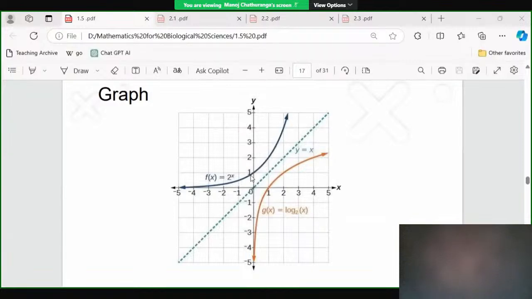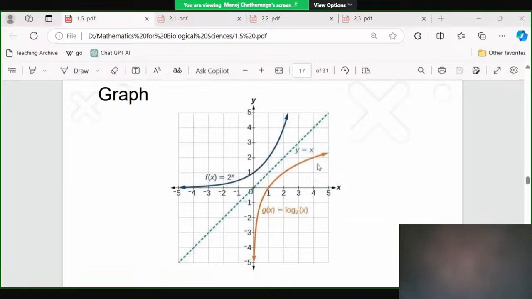The exponential function always passes through the point (0, 1). When you take the reflection, the x and y coordinates get swapped. So the log function will pass through the point (1, 0).